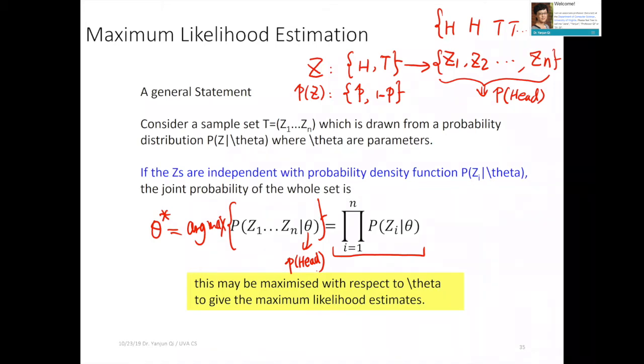When they are independent, the joint probability is just each factor's probability multiplied together. Then the whole question is, how do I estimate P of zi conditional on theta, for a specific sample? This is the basic MLE.